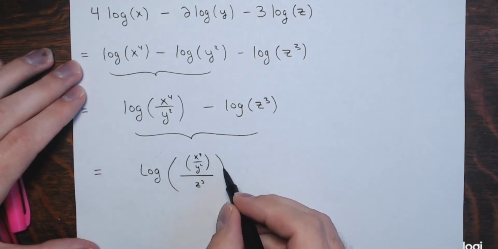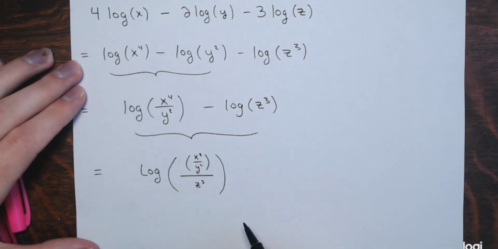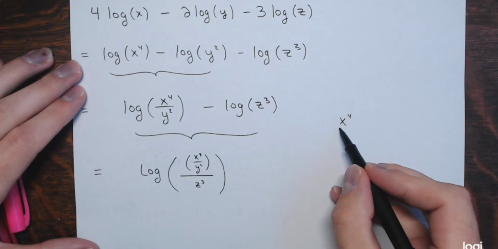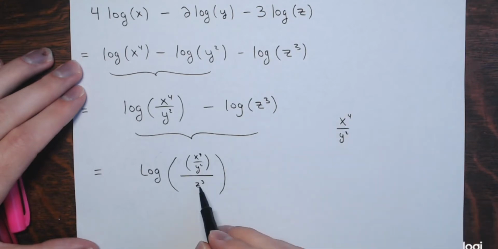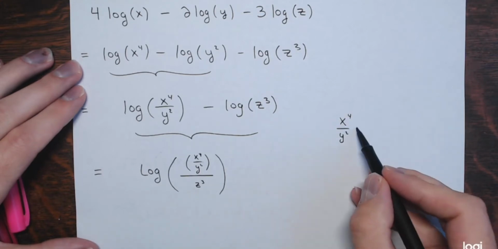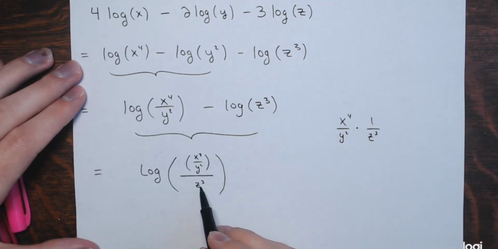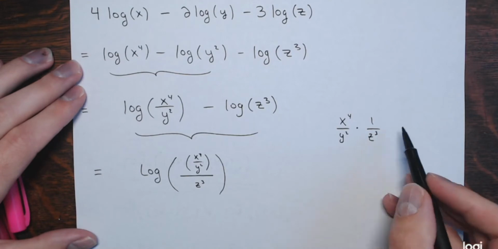Now this is kind of ugly looking. But remember, dividing by z cubed, so x to the fourth divided by y squared, dividing by z cubed is the same thing as multiplying by 1 over z cubed. I hope you remember that. Division is the same thing as multiplying by the reciprocal.